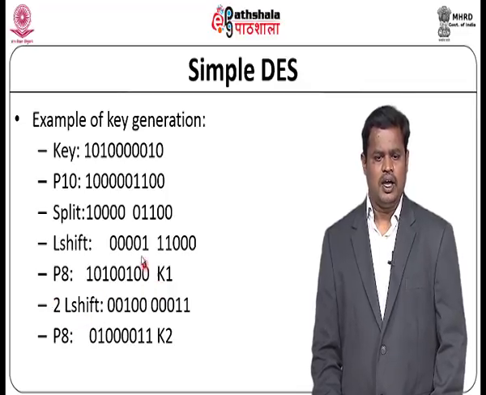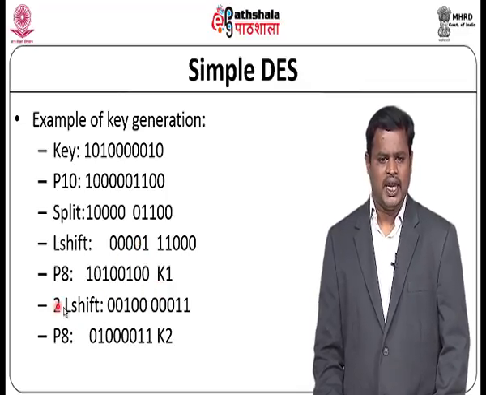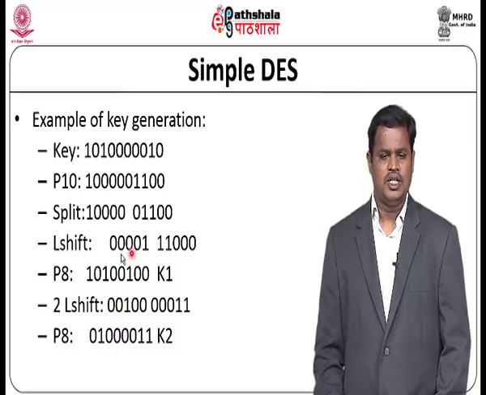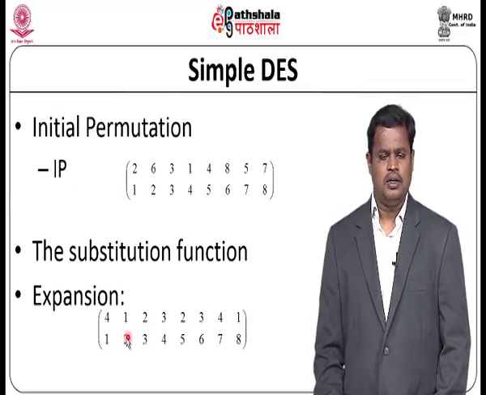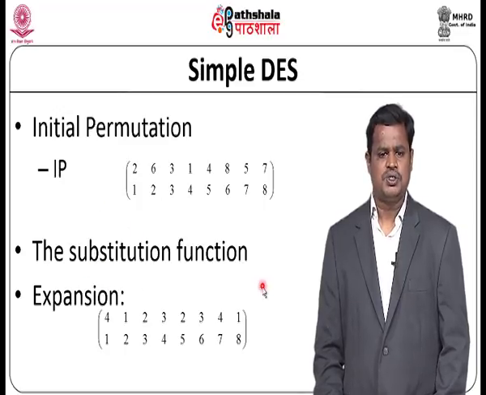Similarly, I do the round 2 key with the help of these halves obtained from k1. I am going to shift them twice to get the key value k2. Then, with the encryption process, again I go for an initial permutation, substitution function, then the expansion function.